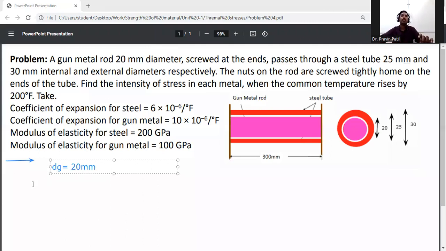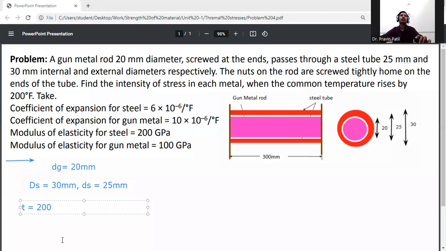Then the external diameter of the steel tube, that is capital Ds, is given as 30 mm. And the internal diameter of the steel tube, small ds, is given as 25 mm. Okay, the next one, the temperature T is given as 200 degrees Celsius.